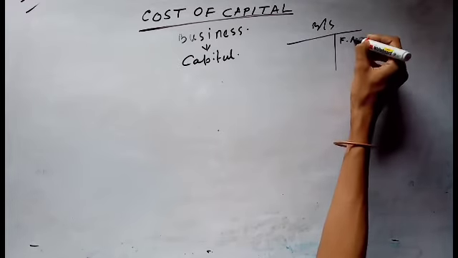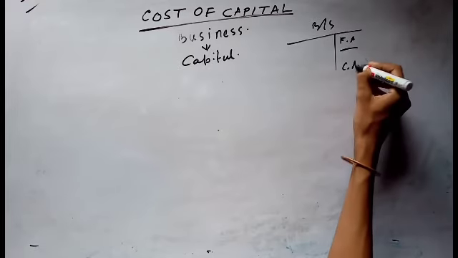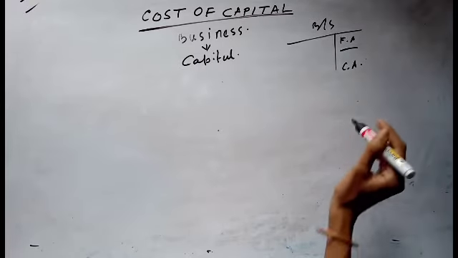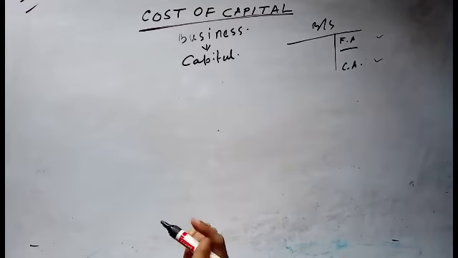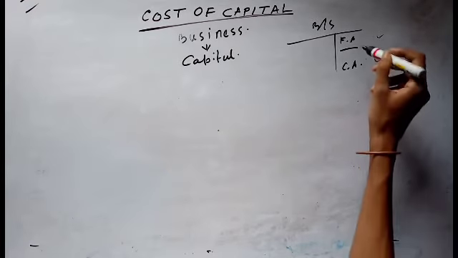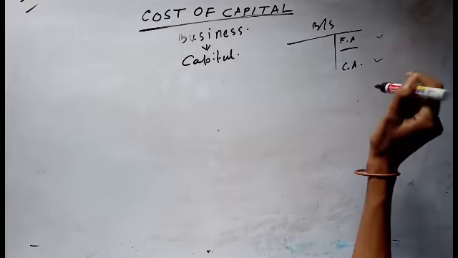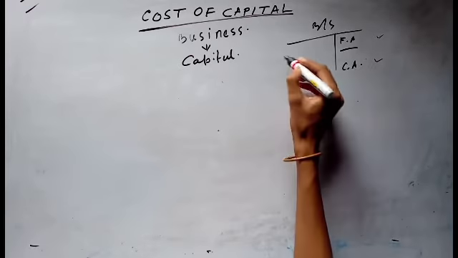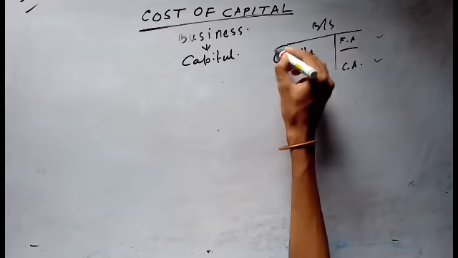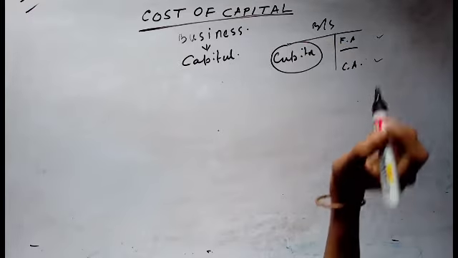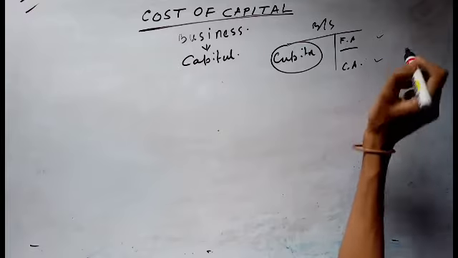Here is fixed asset, here is current asset. Now how will we acquire this fixed asset and current asset? We can purchase fixed asset and working capital from capital. This is the only source for fixed asset and current asset.